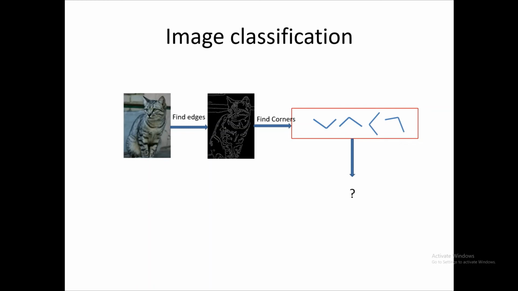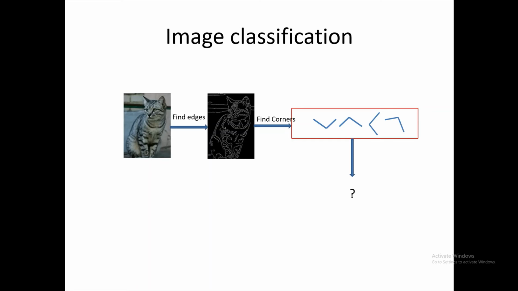However, it turns out not to work very well, because it's very hard and it may not work for another image. For example, if we have an image of a car, we have to write another set of rules and start all over again. So it's not a scalable approach.